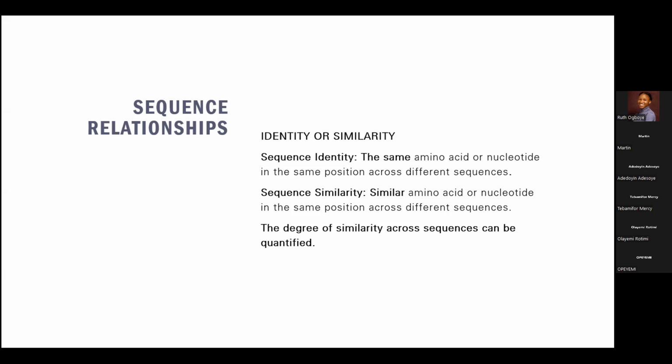But if you have adenine in one sequence and cytosine in another sequence, they are not similar. You can't refer to them as similar nucleotides, right? They are dissimilar because one is a purine, the other is a pyrimidine.